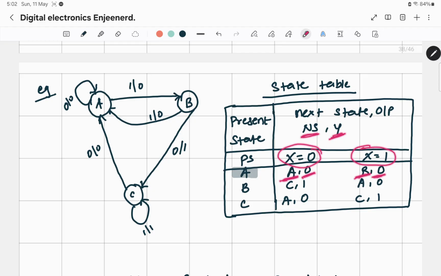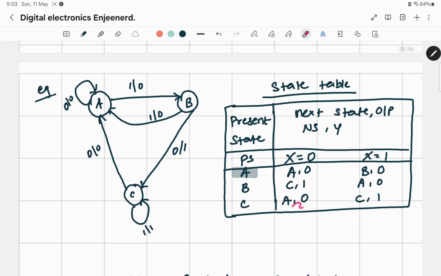X is my input. So if my present state is A, I give an input of 0, I remain in A and my output is 0. If my present state is A, my input is 1, I go to B and my output is 0.